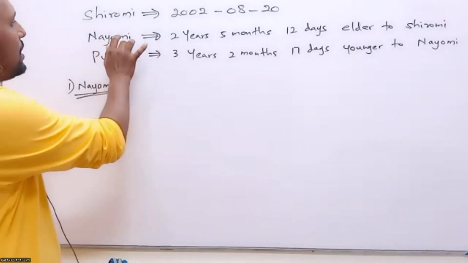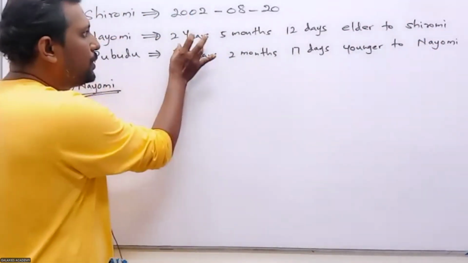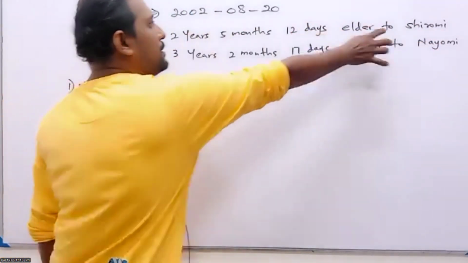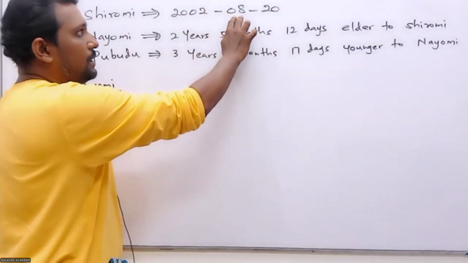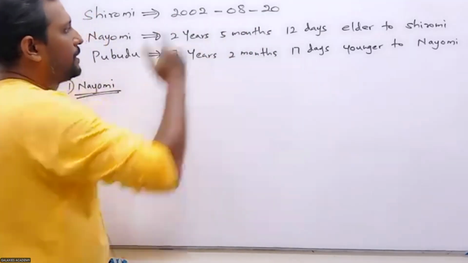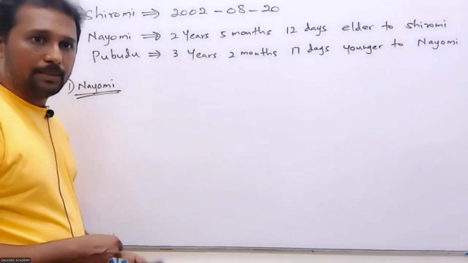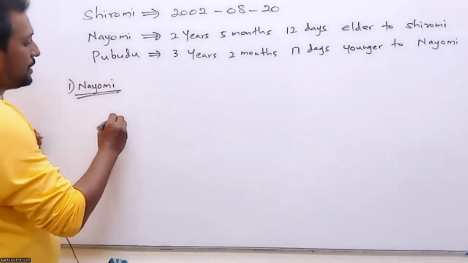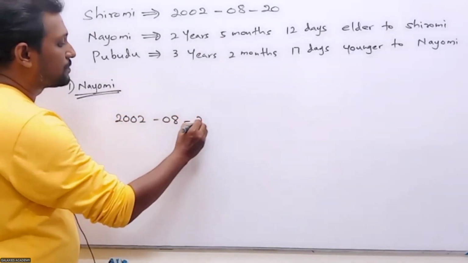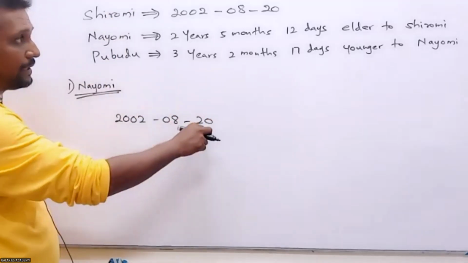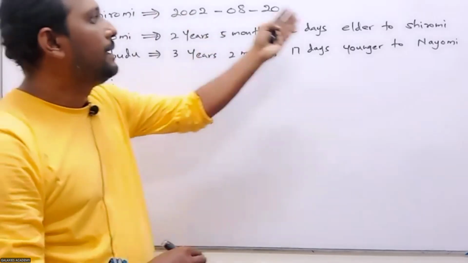Naomi here, no? Naomi is elder to Shiromi, 2 years, 5 months and 12 days. Shiromi's birthday is given, 2002, 8, 20th. So you can find the date of birth of Naomi. How can you find it? Naomi is elder, right?